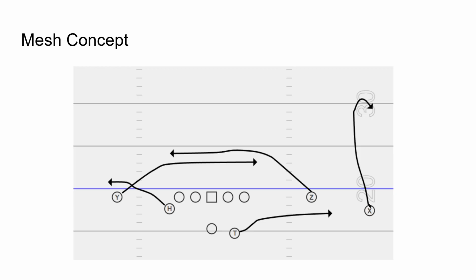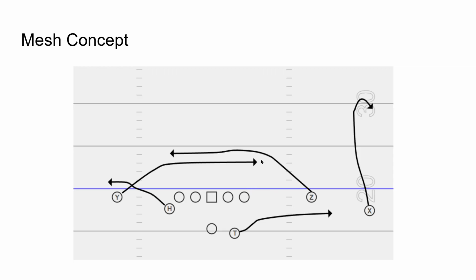This is a pre-snap read, honestly. So we just get off of this very quickly, and then we go down to the T as our first. So we work basically down X to T, and then we read the mesh. Ideally, we're going to look for this Y, since he's coming across in our line of vision anyway.